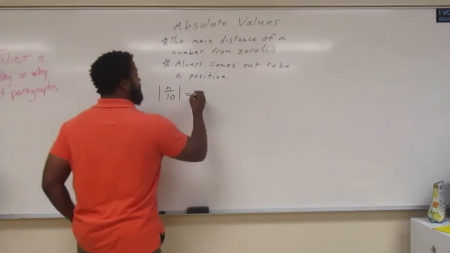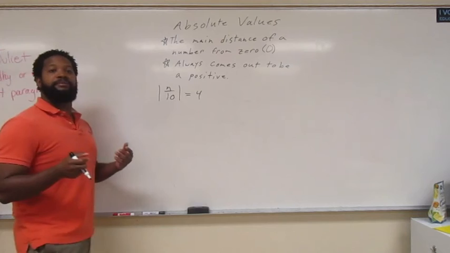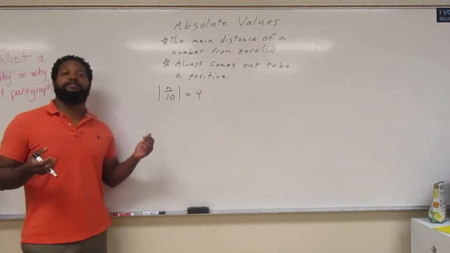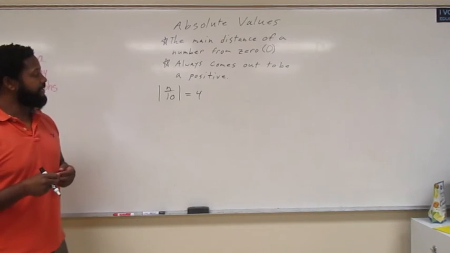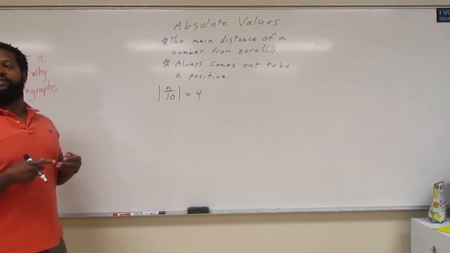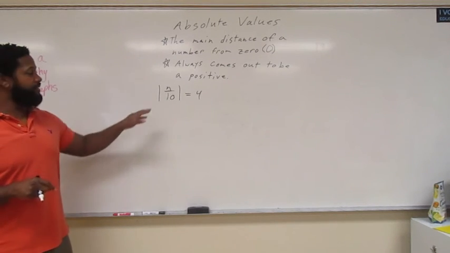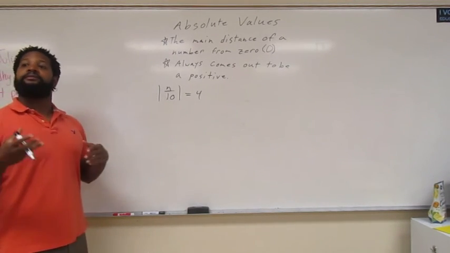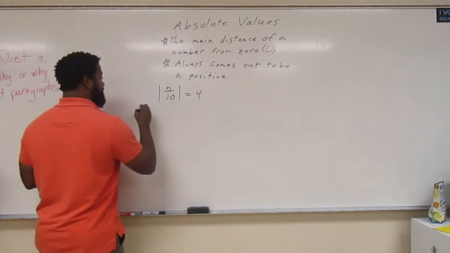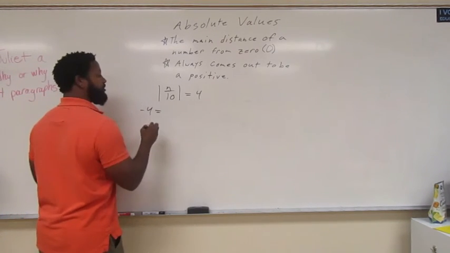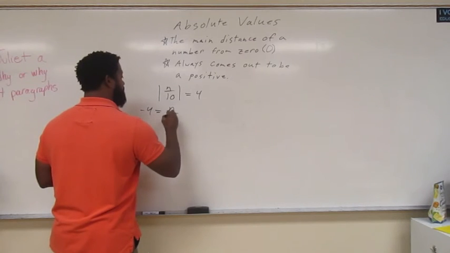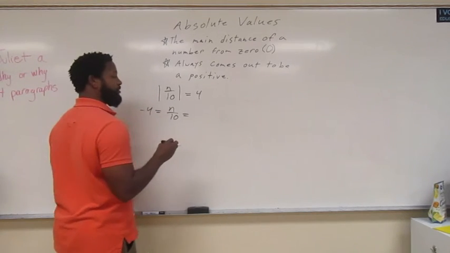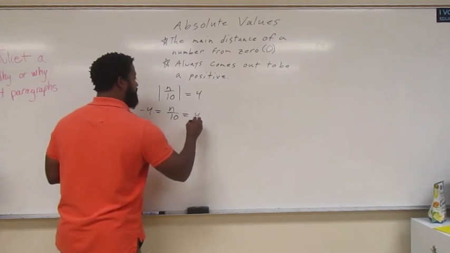Sometimes it helps for people to see it. So what's the first thing that you do? Get rid of the absolute value, right? So it would be negative 4 equals n over 10, equals 4, okay?